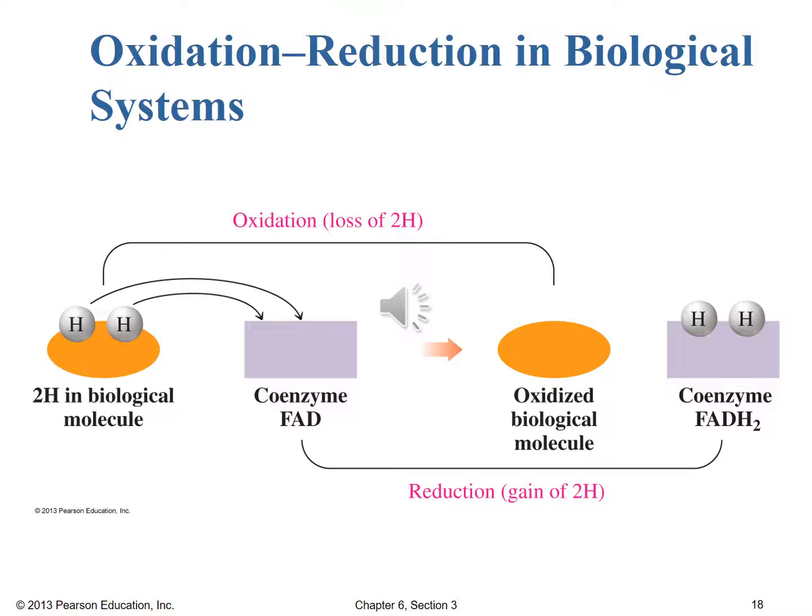And we also have the coenzyme FAD being reduced to coenzyme FADH2. So that's a reduction. It's the gain of 2 hydrogen as well as the 2 electrons that accompany those hydrogen. So just to be aware that you're likely to follow it with atoms instead of electrons when you're dealing in biochemical systems, and this is an example showing that.